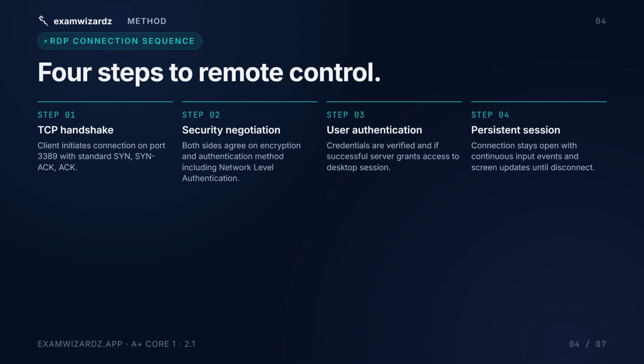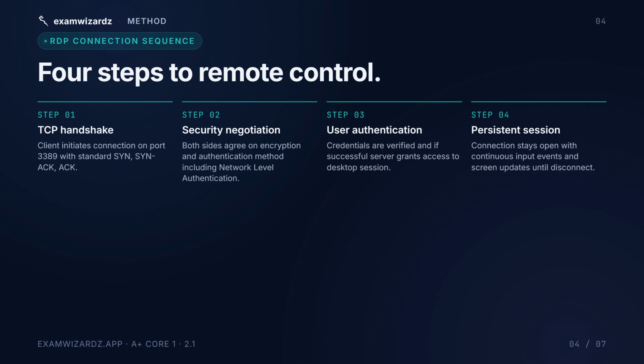Now let's walk through what actually happens during an RDP connection, step by step. First, the client initiates a TCP handshake on port 3389. That's the standard three-way handshake, SYN, SYN-ACK, ACK, establishing a reliable connection.